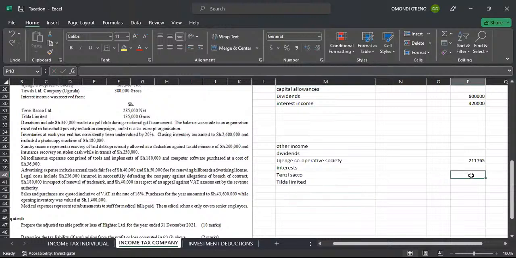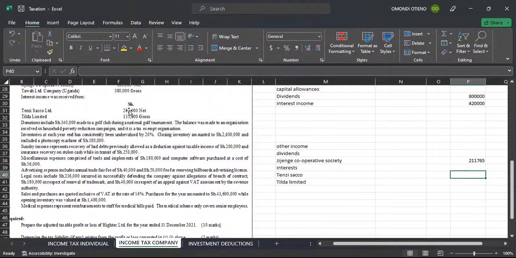So whatever was received from Tenzi Sacco here is net. So we adjust the missing 15%. We look for the real value.